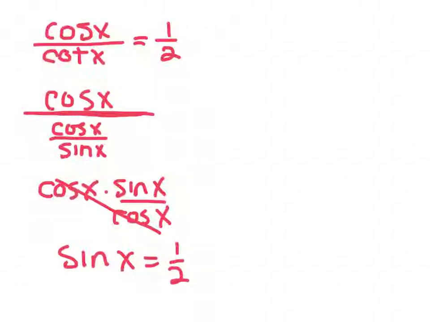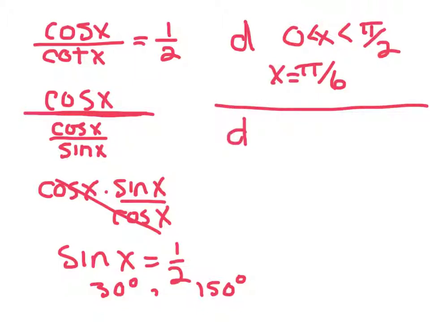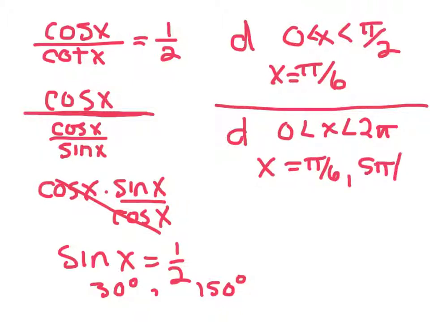When is sine 1/2? Well, we know that's 30 degrees. Ooh, and it's also 150 degrees. So if it told you that the domain of the function was between 0 and pi over 2, then your answer would be 30 degrees. If it told you the domain of the function was between 0 and 2 pi, then your answer could be pi over 6 or 5 pi over 6.